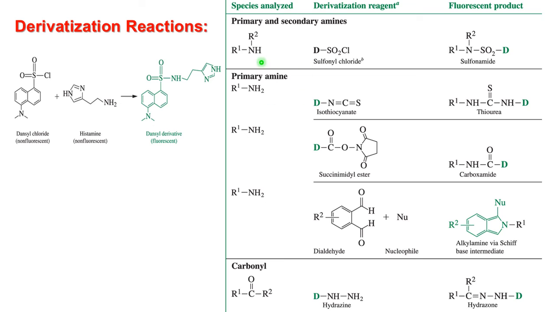So we have reactions for amines, primary amines, carbonyl groups, SH groups, and many others. You can find a full table in your textbook. As a summary, fluorescence is a very powerful procedure allowing us to detect very small amounts of different chemical species.